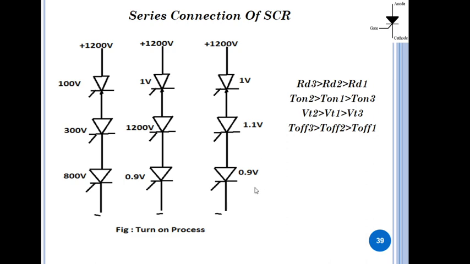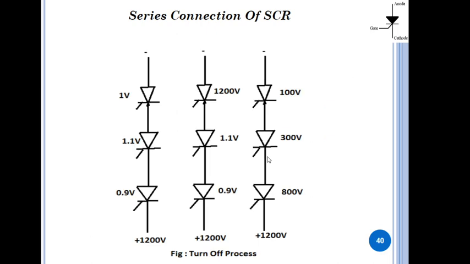The voltage distribution across each SCR is different during the forward blocking state, during the turn on state, or even when all SCRs are in the conduction state. This is about the turn on process; here we have observed the turn on process.